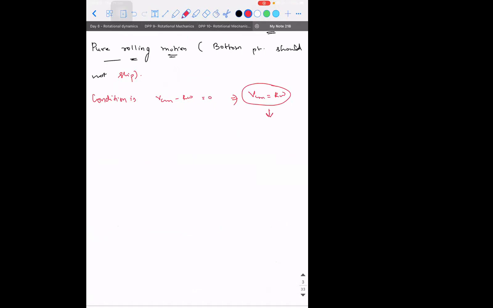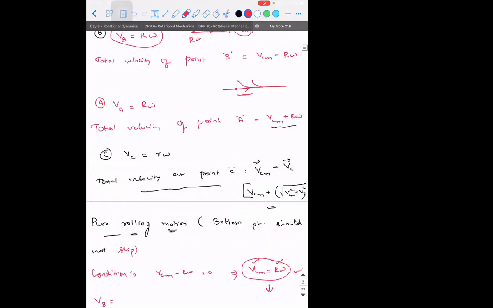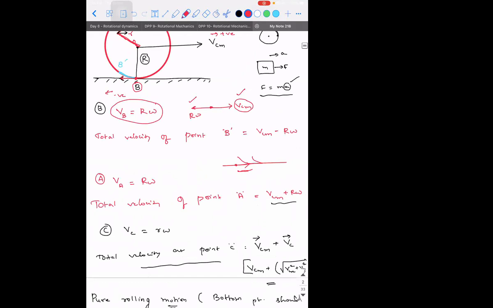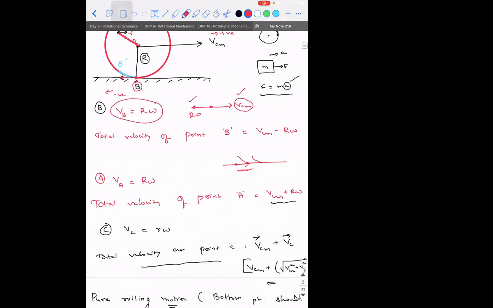It means the velocity of the center of mass, that is the translational velocity, should be equal to the translational velocity produced due to rotation as well. So this is the condition for no slipping. If that is the case, then what is going to be the linear velocity of point B now, if I substitute VCM equal to R omega?